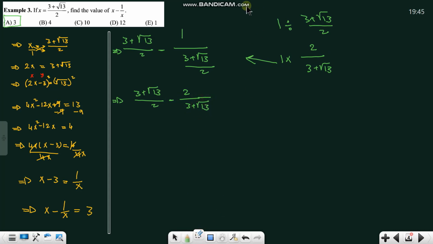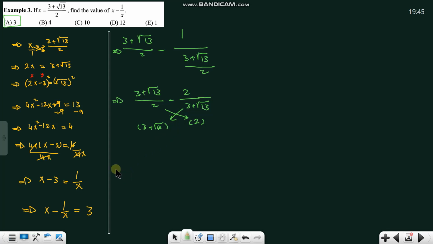Now let's equalize the denominators. How am I going to equalize the denominators? This one I'm going to multiply by 2, and this one comes from here, and this one comes from here.